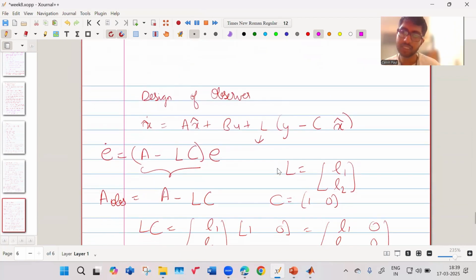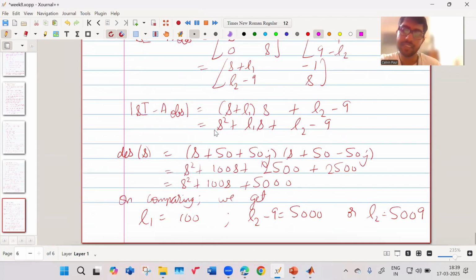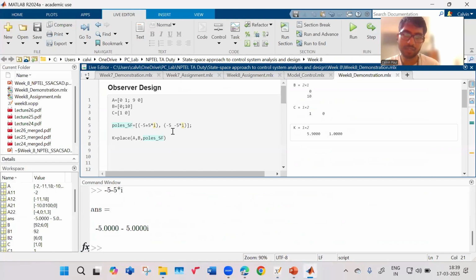Now I'm interested in the design of the observer. And when I'm designing the observer, I will be using C transpose. Let us put the poles of my observer: minus 50 plus 50 into I, comma minus 50 minus 50 into I. These are the poles of my observer.